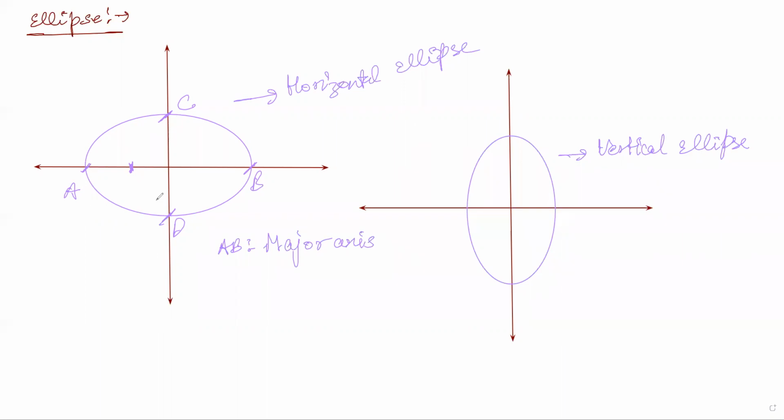Right? Hence, this ellipse is symmetrical about both axes. So it has two axes, x-axis as well as y-axis. But x-axis is bigger, hence AB will be known as major axis and CD is known as minor axis.